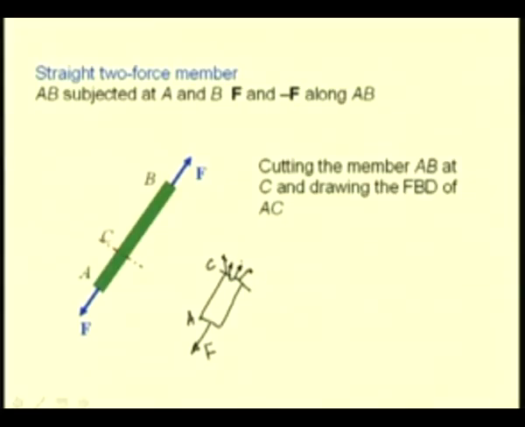Now, if we consider the equilibrium of this portion, that is the portion AC of this two force member, then for equilibrium to exist, the sum of all the forces should be 0 and sum of the moments has to be 0.